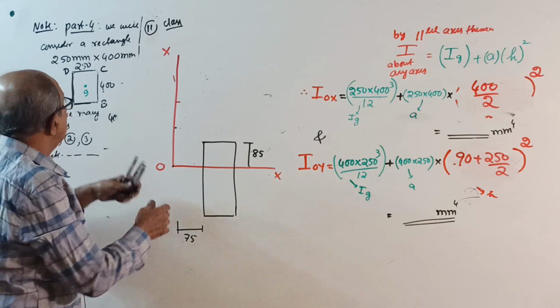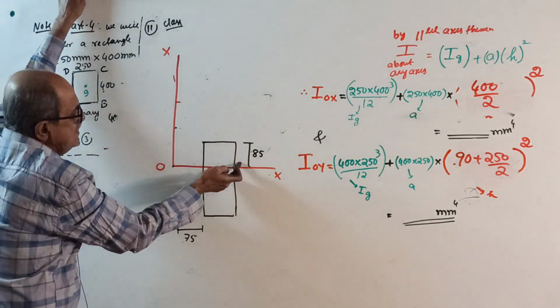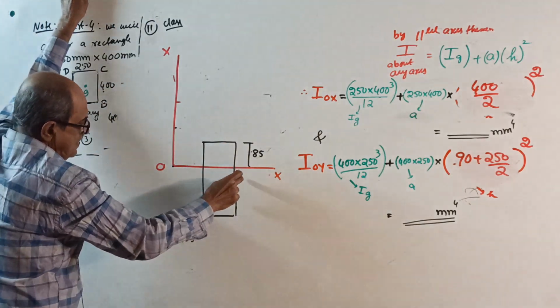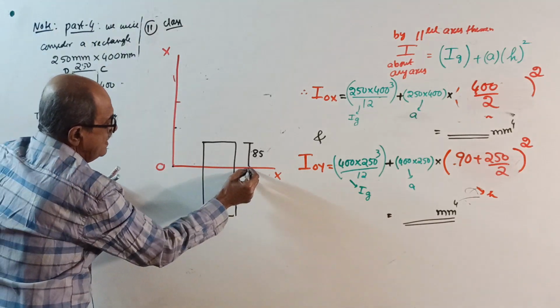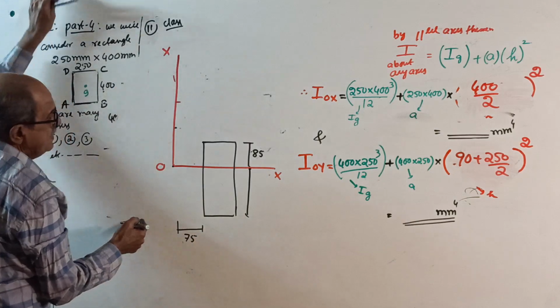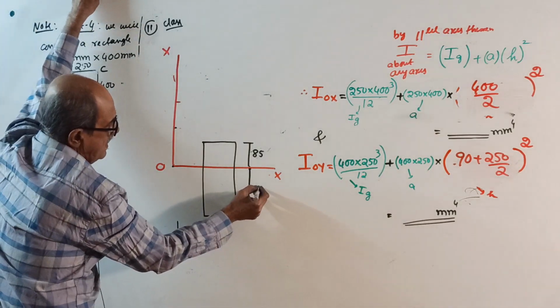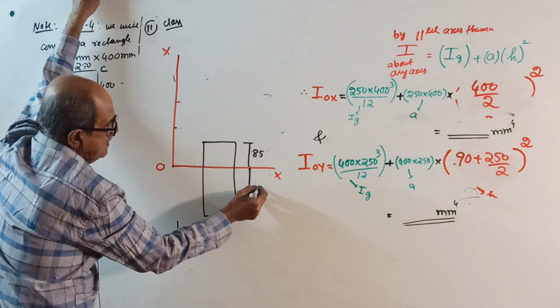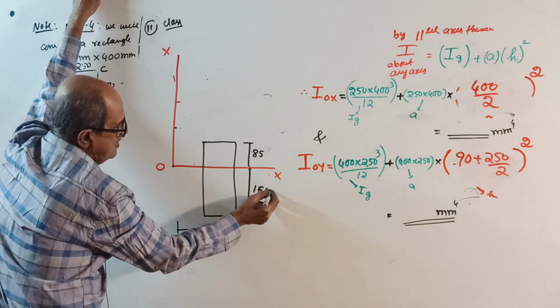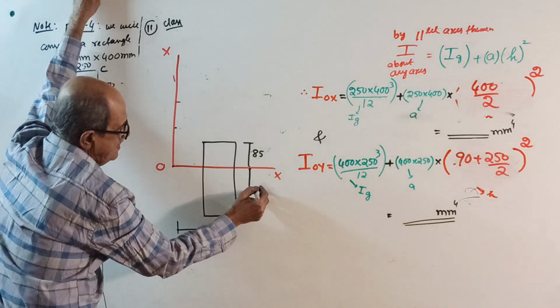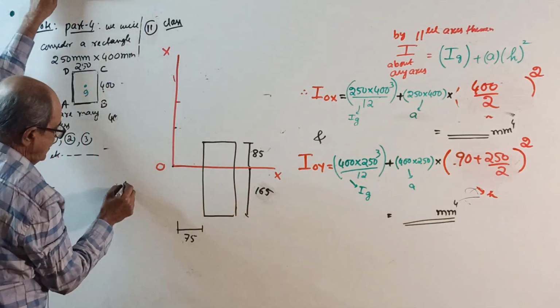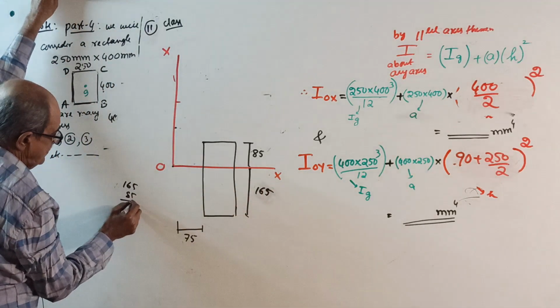See, of the full depth of 400, 85 is above OX and the remainder below. How much is below? Remaining below will be 400 minus 85, which is 315.